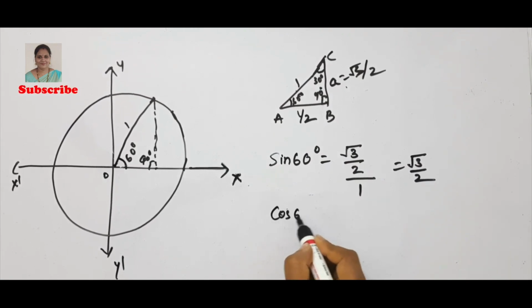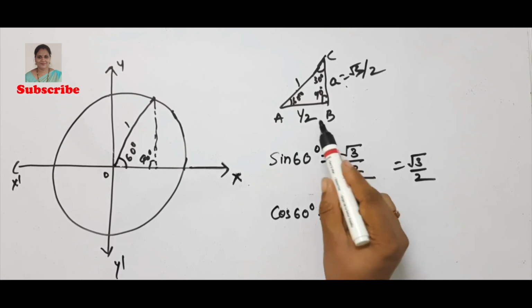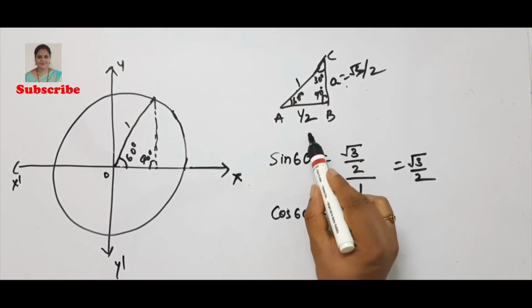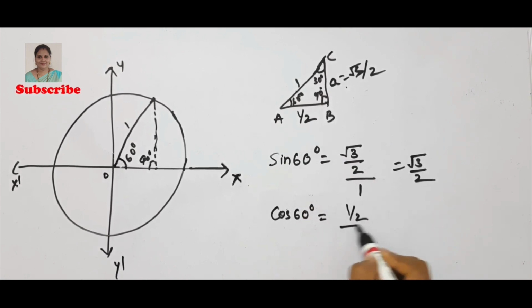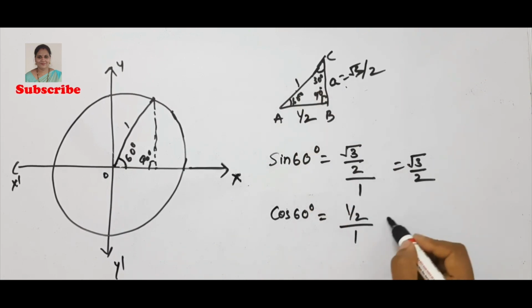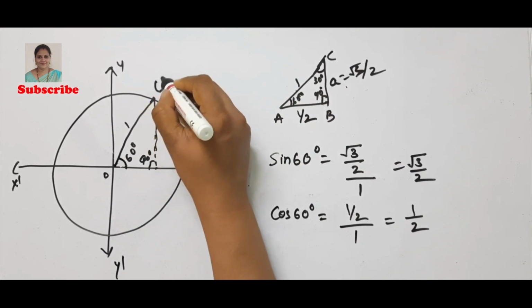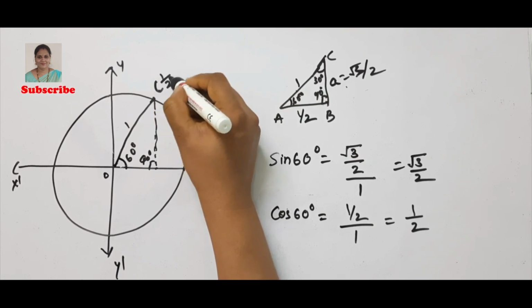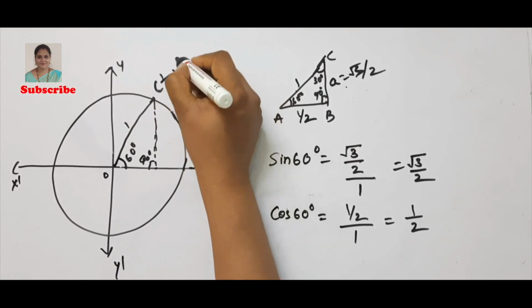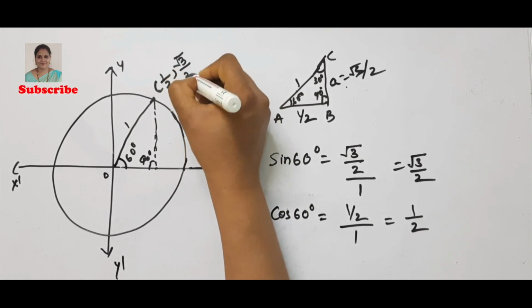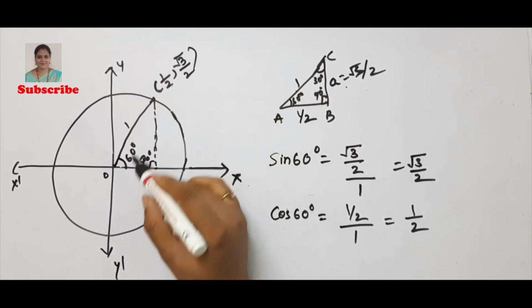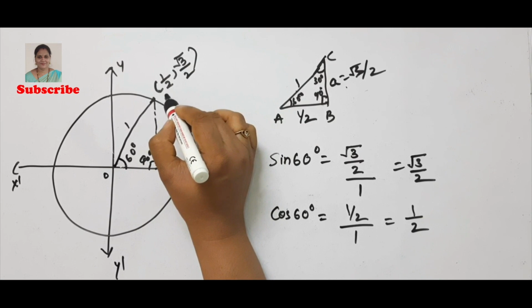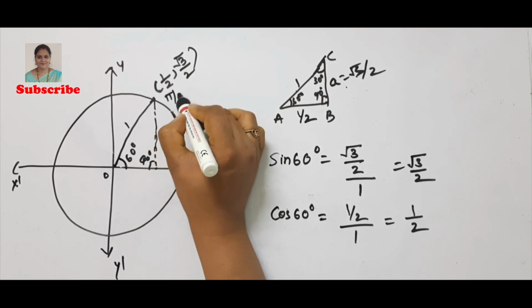Cos 60 degrees is equal to adjacent side by hypotenuse. The adjacent side value is 1 by 2 and the hypotenuse is 1. So we will get 1 by 2. So the point of intersection is 1 by 2, root 3 by 2. Cos 60 is 1 by 2 and sin 60 we got as root 3 by 2. This 60 degrees we can write in radians as pi by 3.